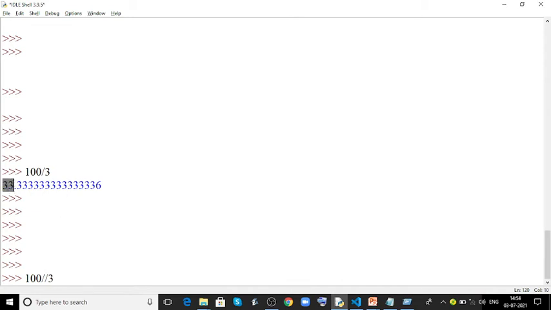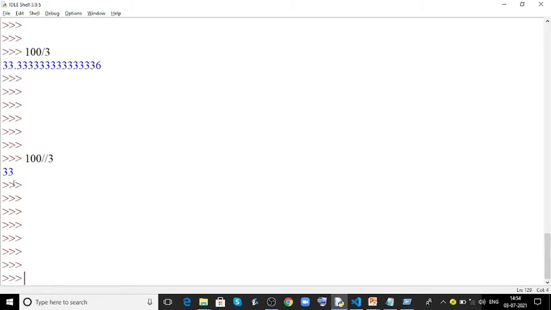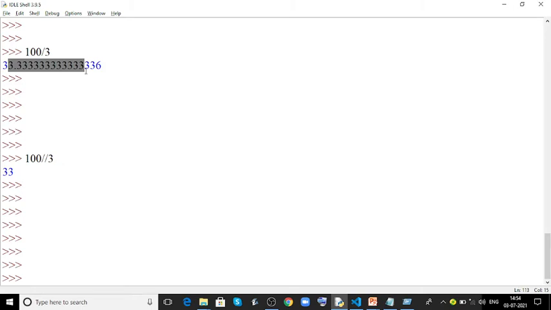It will be only 33, right? This is the normal division operator and this is the floor division operator, which will give the int value. In the other case we are getting the float value.